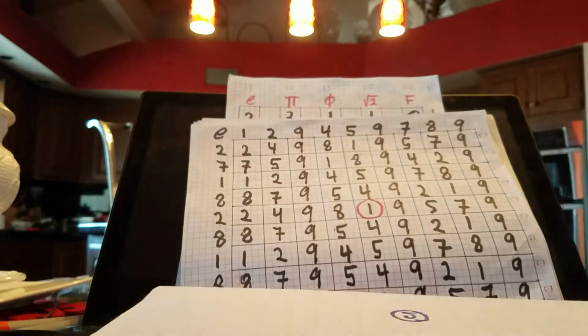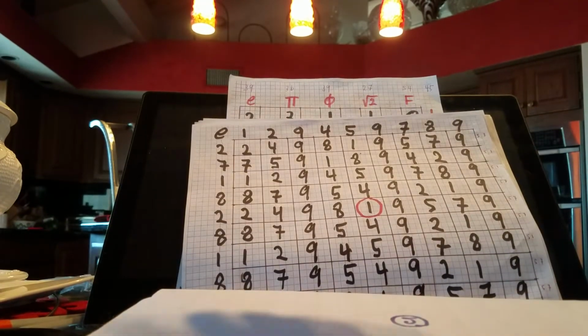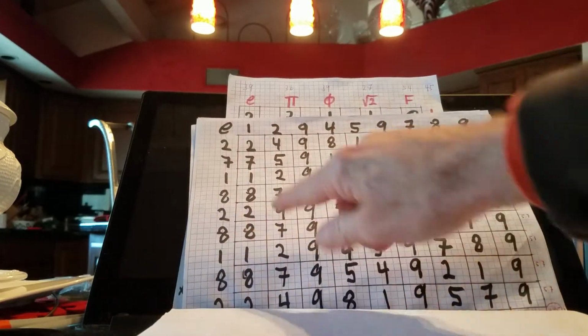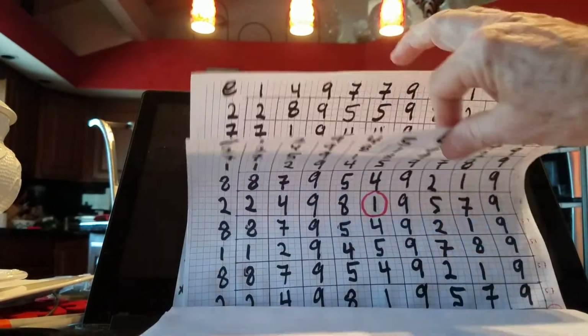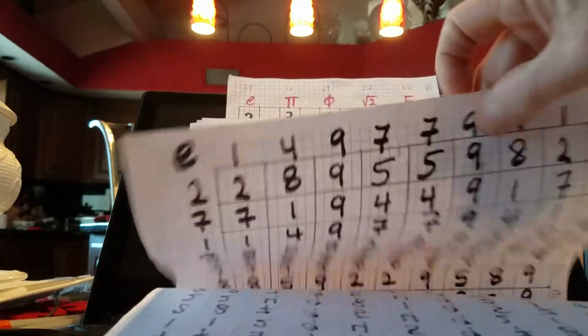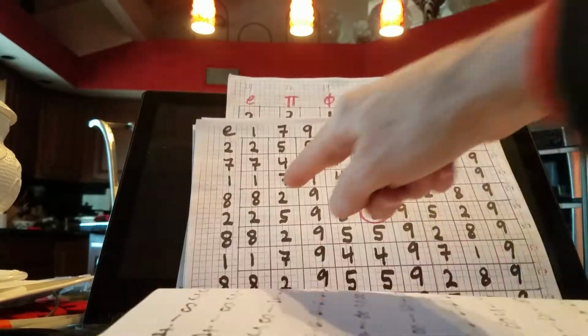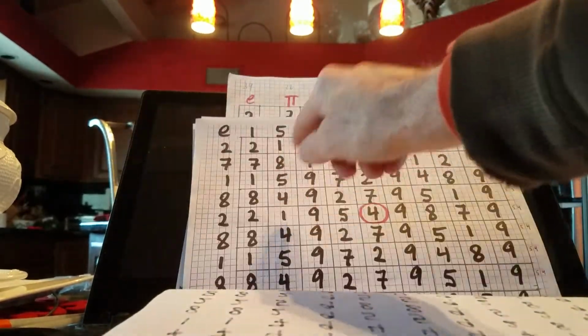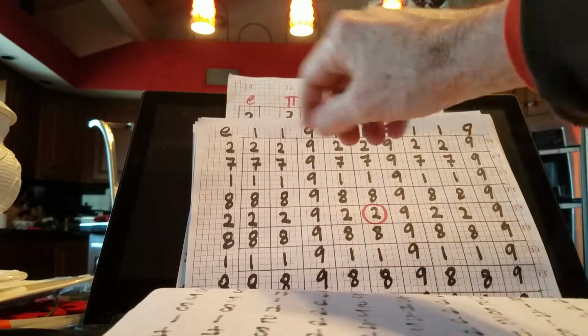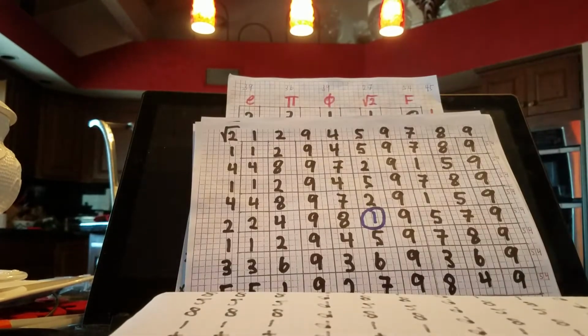Fibonacci numbers go 248751. Natural logarithm E in this spot here, 4, 8, 7, 5, 1, it'd have to be 2, 2. So E also follows 248751 in that spot.